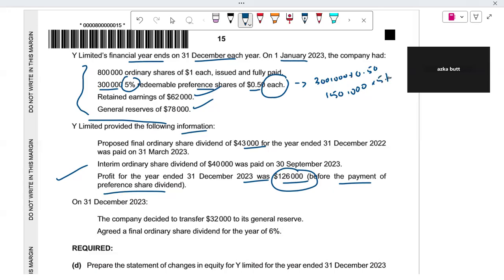So 150,000 multiplied by 5%. This is 7,500. So add 7,500 with 126,000. So it's going to be 126,000 plus 7,500.